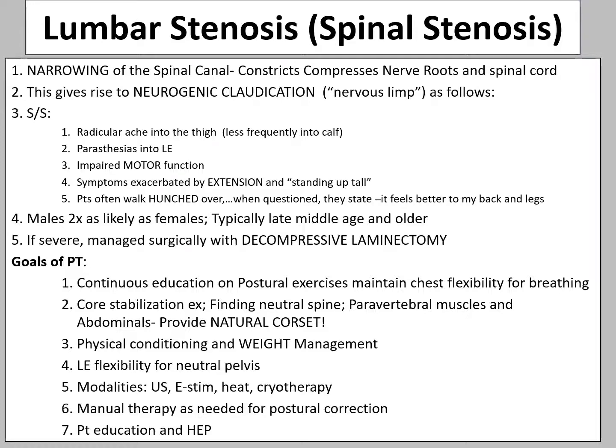So making sure that they have the flexibility in their lower extremities. We can also do modalities for pain or for some inflammation. We'll look at maybe some manual therapy, doing some soft tissue work to try to correct their position and their posture. And again, giving these patients an exercise program that they're going to do for their lifetime.